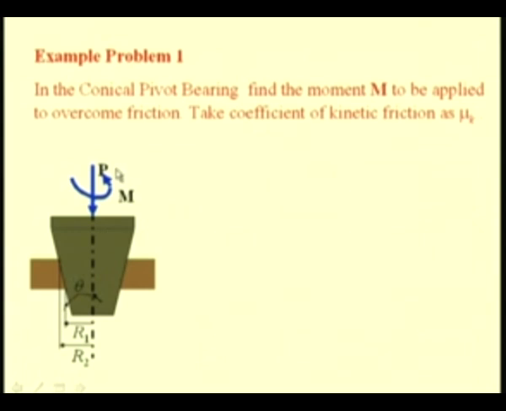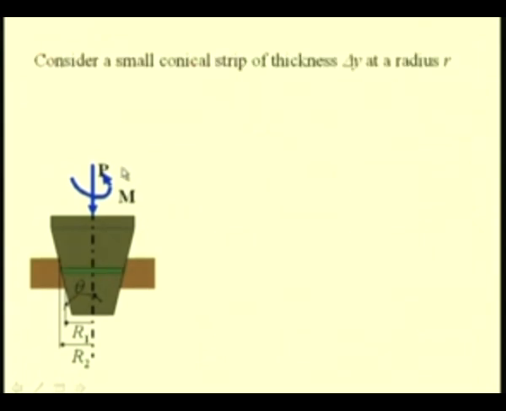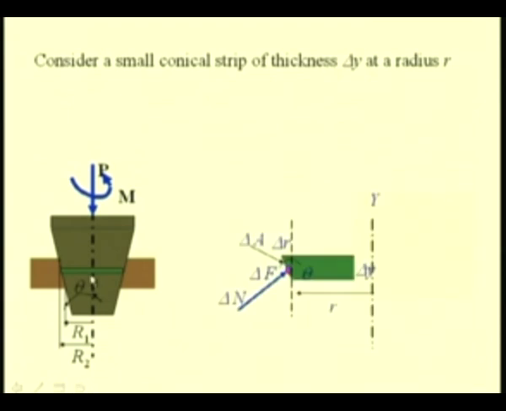So, let us say if this axis is y, then we consider this differential element, which is a thin slice of this conical pivot bearing. Let us draw the free body diagram of this element.